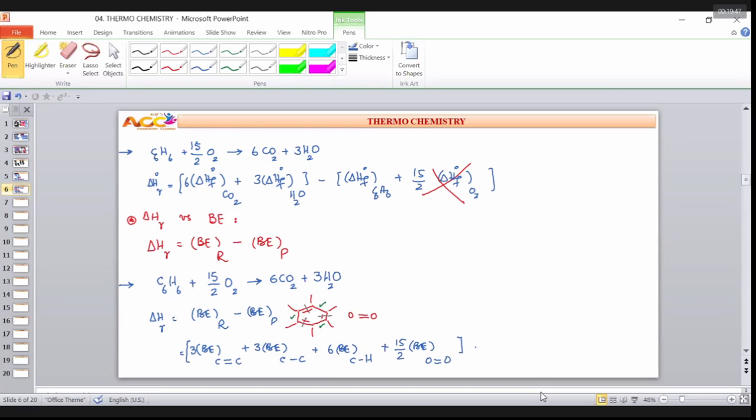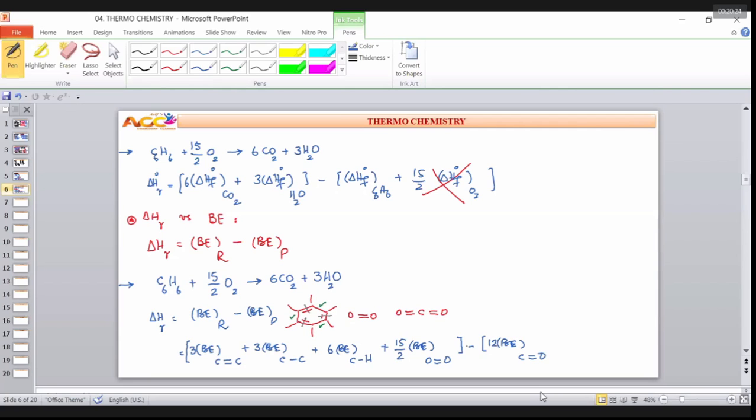This is bond energy of reactants minus bond energy of products. How to go for bond energy of products? Minus, come on, products, CO2. Who is that fellow CO2? Sir, CO2 is like this. C double bond O 2 times. C double bond O 2 times. Therefore, bond energy of C double bond O, how many times? 12 times.